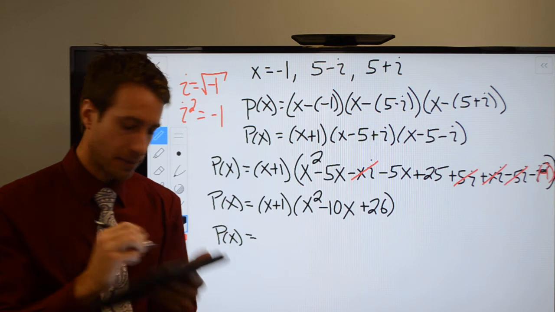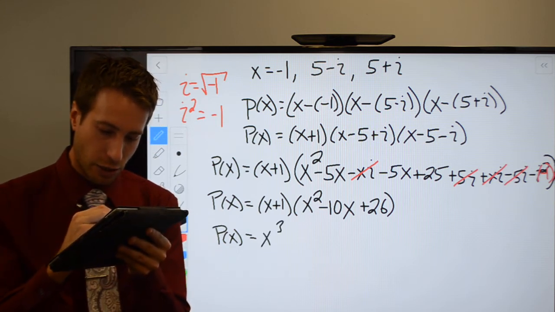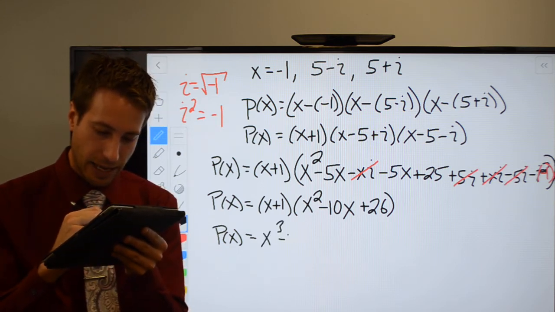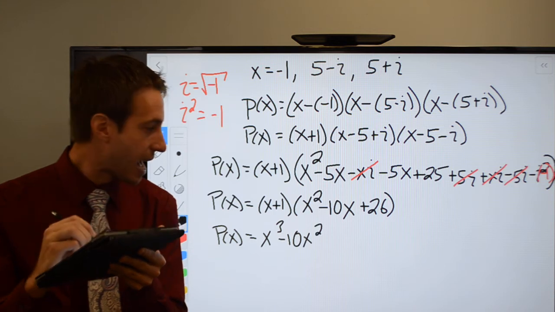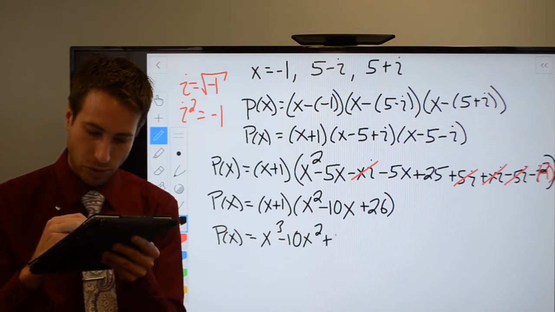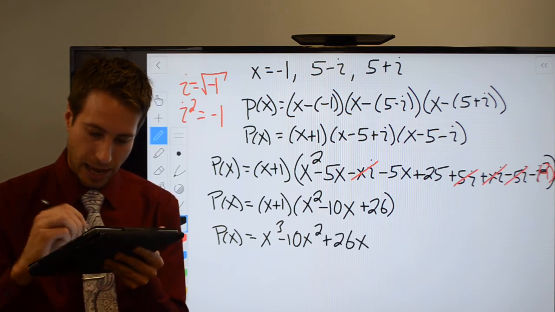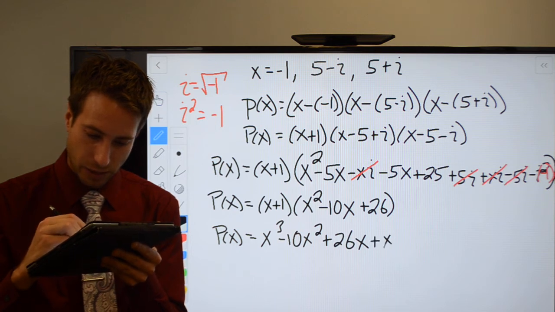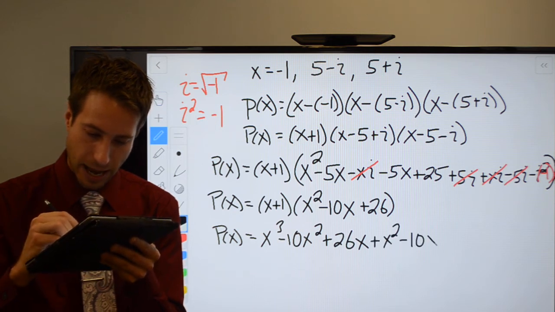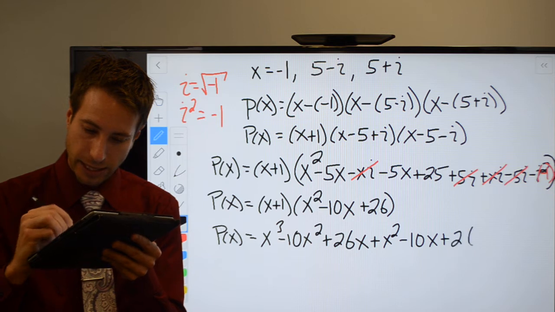Okay, x times x is x cubed. x times negative 10x is minus 10x squared. x times plus 26 will be plus 26x. And then I'm going to have a plus x squared minus 10x and plus 26.